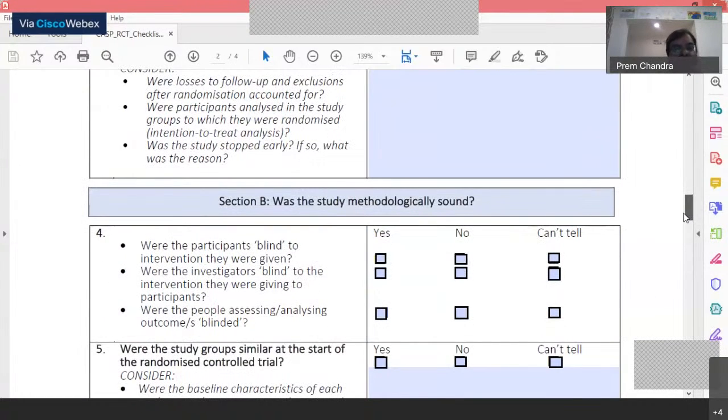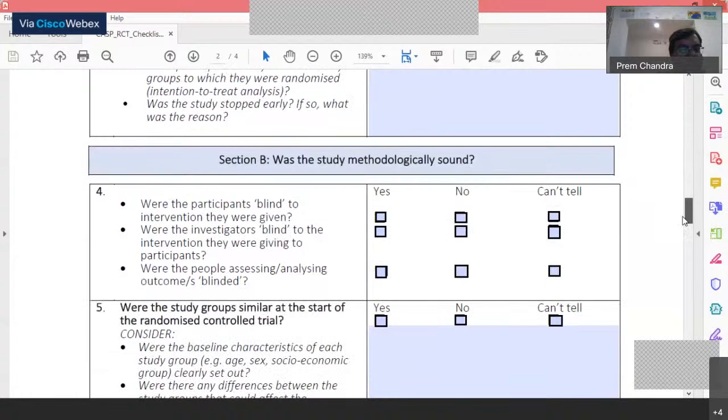Section B is about whether the participants were blind to the intervention they were given. Section B is all about assessing the methodological standard of blinding, and whether the people assessing and analyzing the outcomes were blinded. We all know what single blind, double blind, and triple blind are.